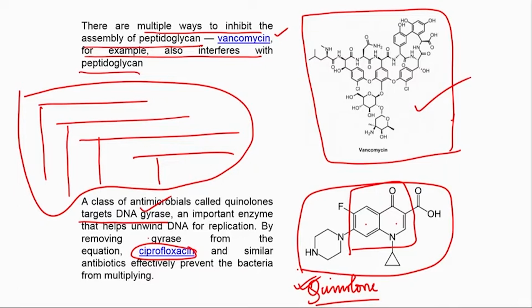Ciprofloxacin was the starting one, then came norfloxacin, then came levofloxacin, then gatifloxacin. Now, today, because they are becoming resistant, all by efflux mechanisms, ultimately the best drug coming out in the market is moxifloxacin.